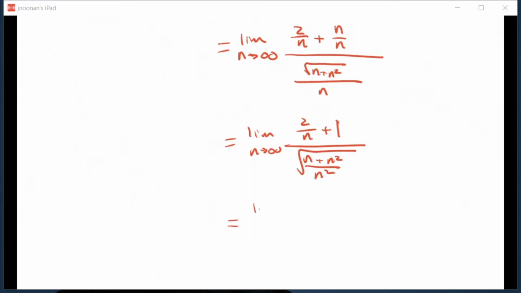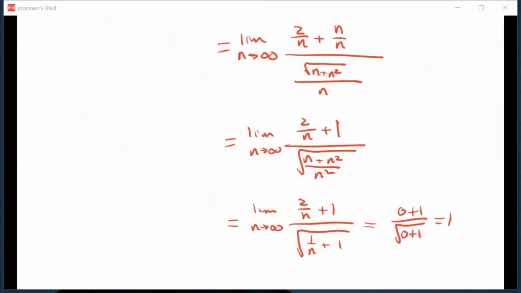I know, tedium. 2 over n plus 1, square root of 1 over n plus 1. Okay, now I can finally do this limit. We know that the limit as n approaches infinity of 2 over n is 0. We know the limit as n approaches infinity of 1 over n is 0. And so all of this ends up being 0 plus 1 over the square root of 0 plus 1, which is 1.